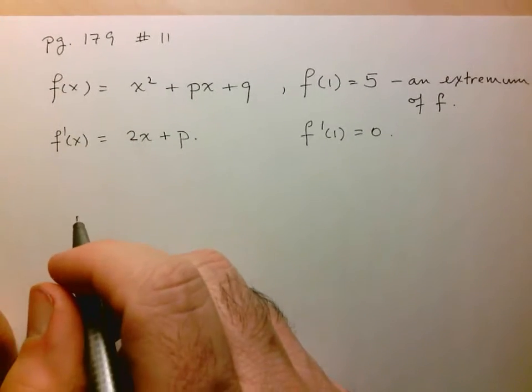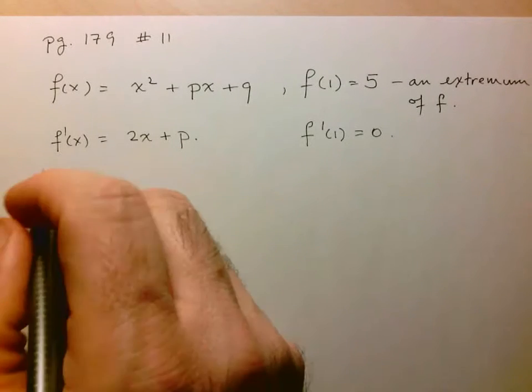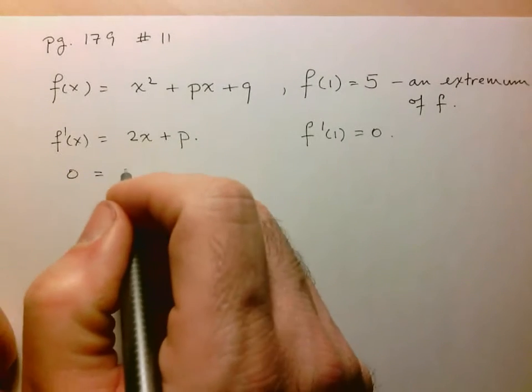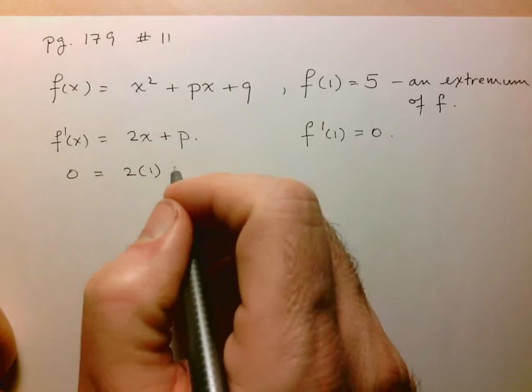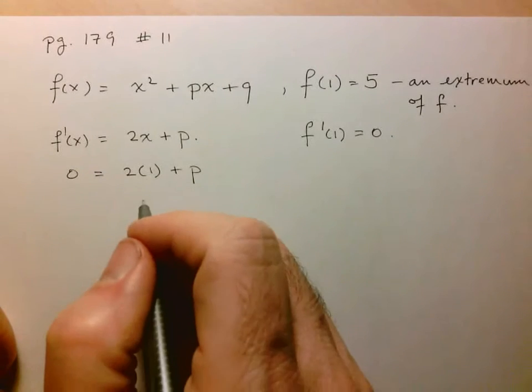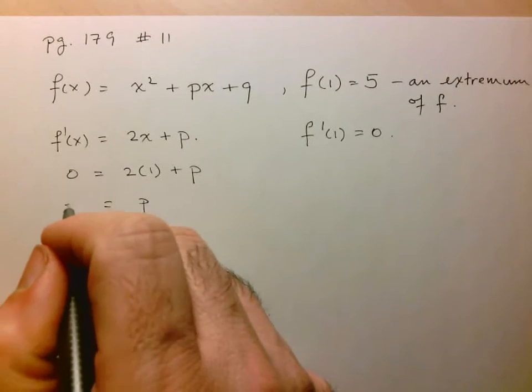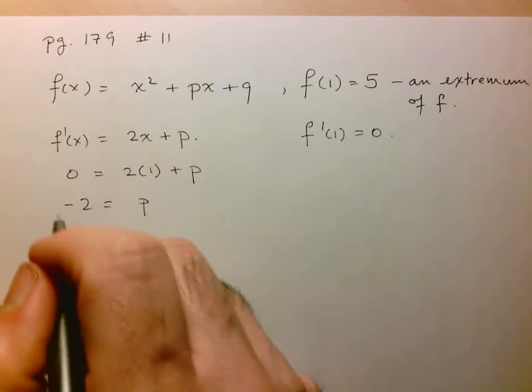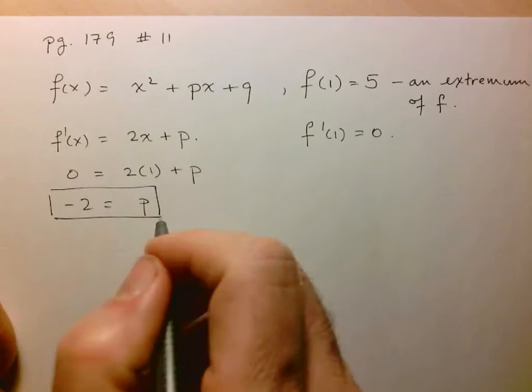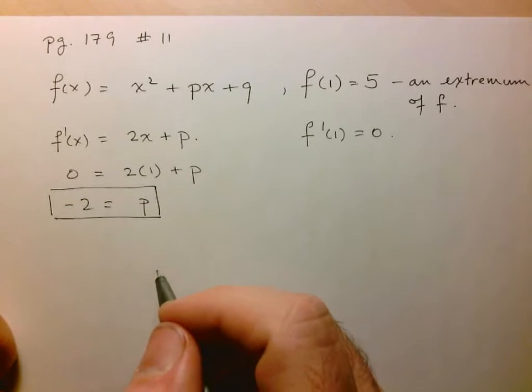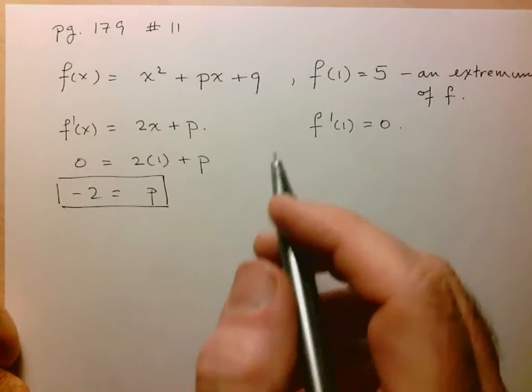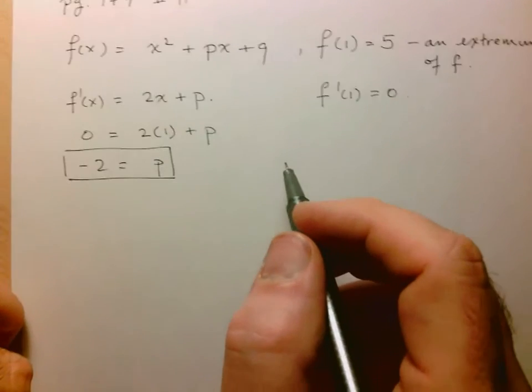And now I'm going to evaluate the derivative at 1, and that's got to be equal to 0. So the derivative is going to be equal to 0 when I evaluate it at x equals 1. And so that's actually a pretty easy equation, and I determine that p has to be equal to -2. So now I'll use the other piece of information to determine q.